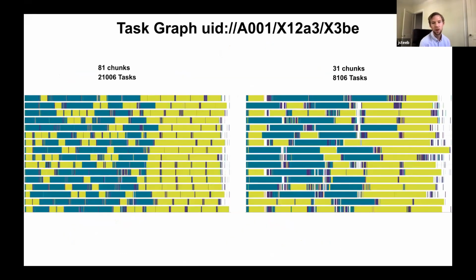Now, this is a graph just to demonstrate it. So on the left, we've got 81 chunks for our visibility data, and on the right we have 31 chunks, and you can see the number of tasks that need to be completed. And the Dask scheduler is able to much more efficiently pack all the tasks when it's 81 chunks than 31 chunks.